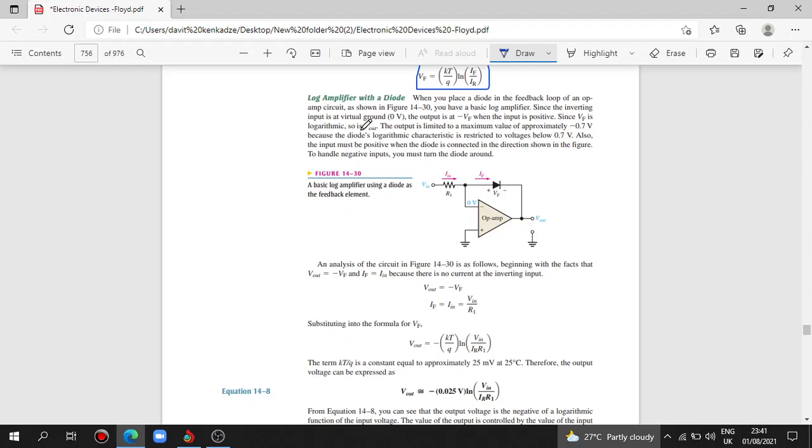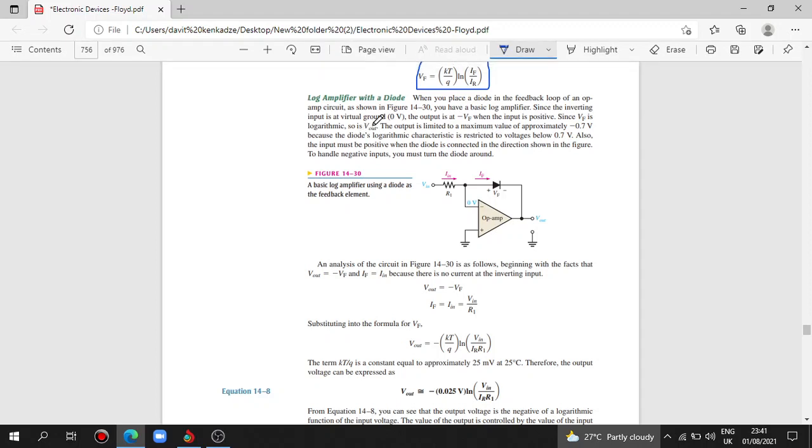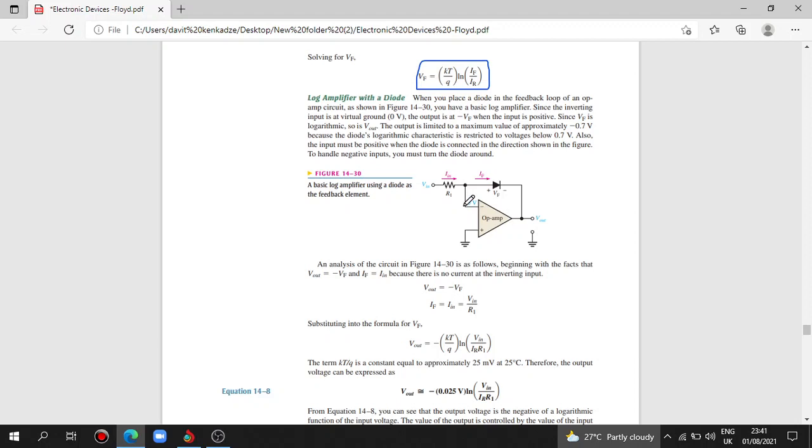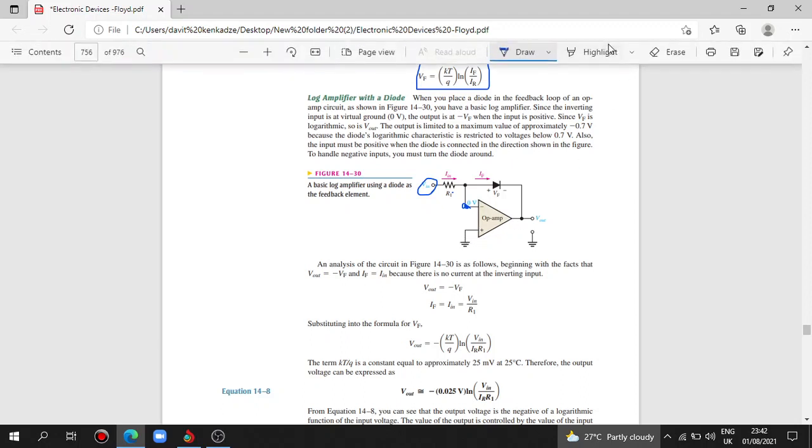Since the inverting input is at virtual ground, because Vin is going into the inverting input and the non-inverting input is grounded, we can say that here is virtual ground, and this potential and this potential are the same.